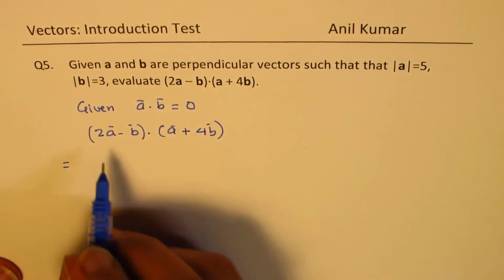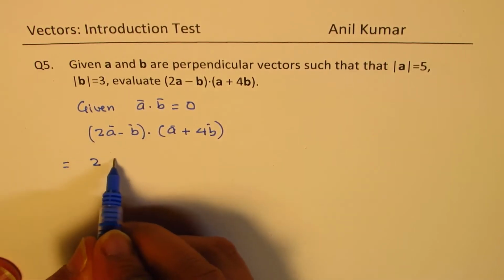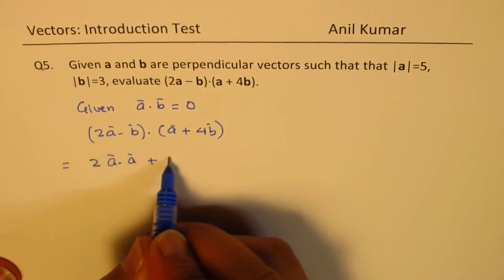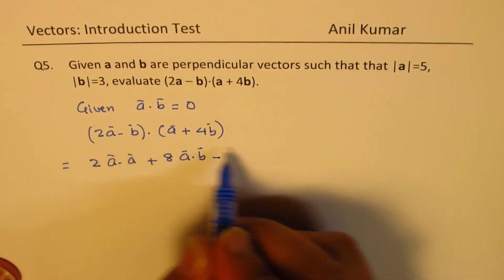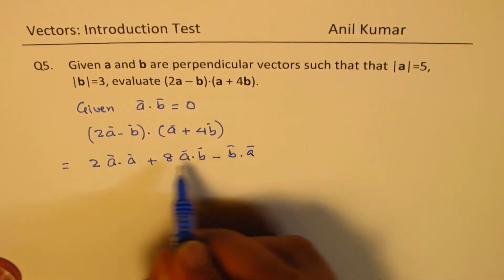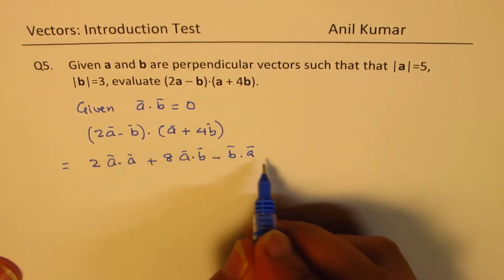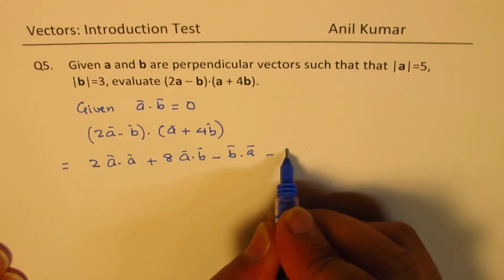So let's do the dot product. We get 2 a dot a, plus 2 times 4, 8 a dot b, minus b dot a. Now b dot a and a dot b are the same thing. Dot product is commutative. Minus 4 b dot b.